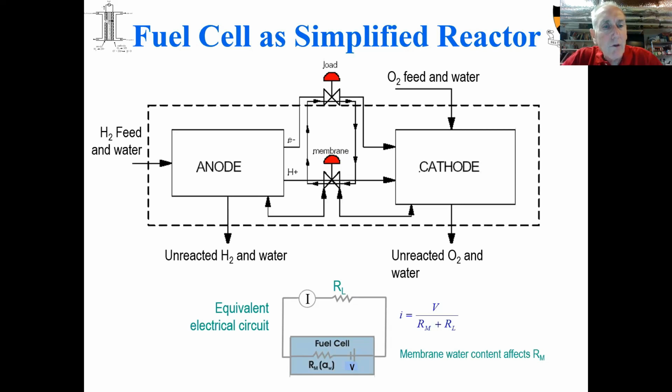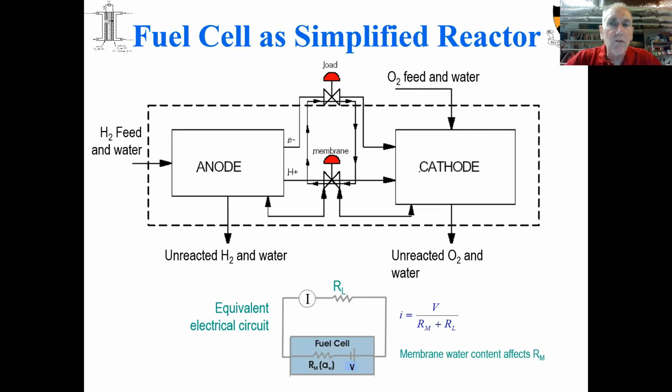And things that cross the dashed line are the parameters that I can control. So I can control the hydrogen feed or the water feed to the anode. I can control the oxygen feed or the water feed to the cathode. And I can control the rate at which water is removed or the unreacted oxygen is removed.